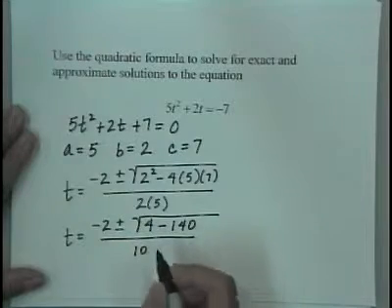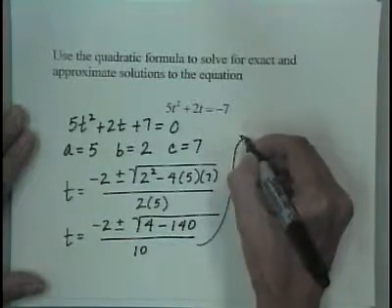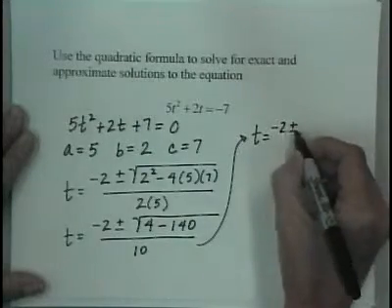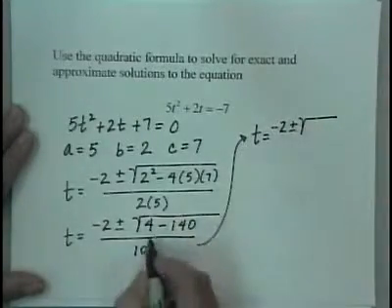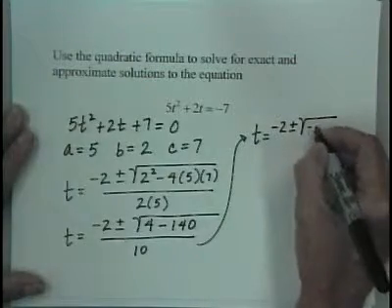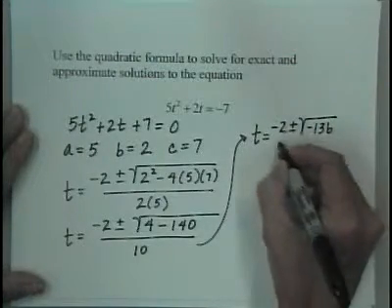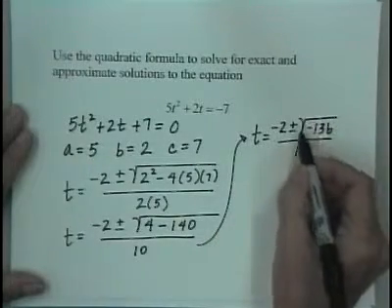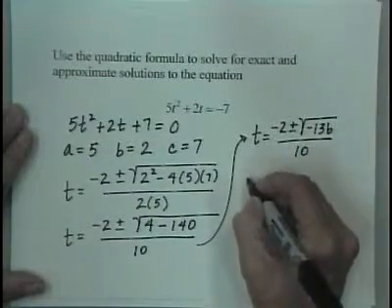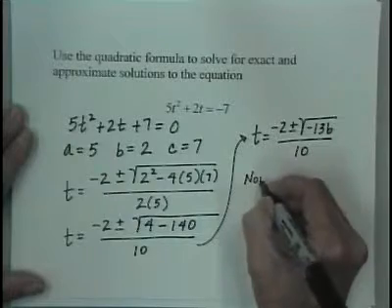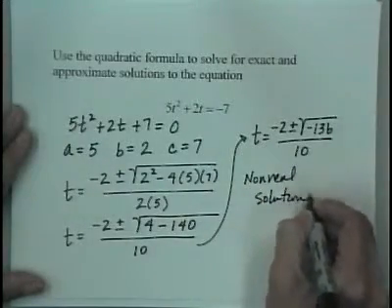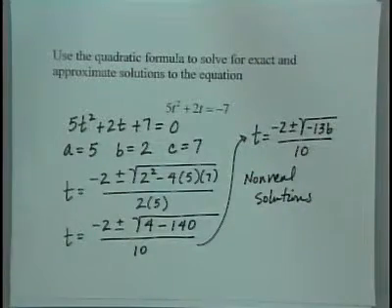And continuing another step, I have t equals negative 2 plus or minus the square root of 4 minus 140 is negative 136, divided by 10. Now the square root of a negative is not real. At this point we'll stop and say non-real solutions to the quadratic equation.